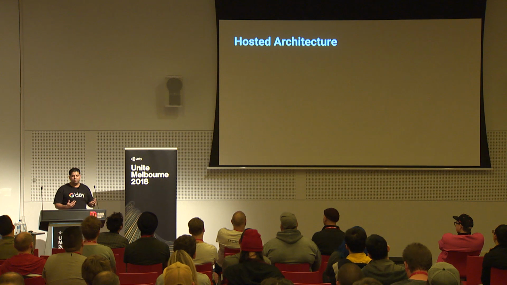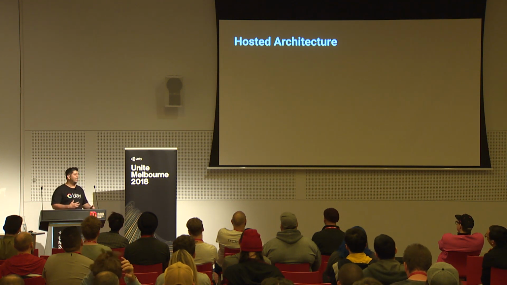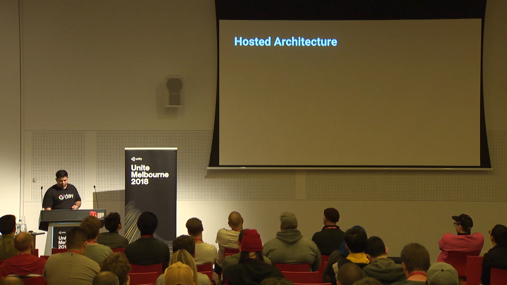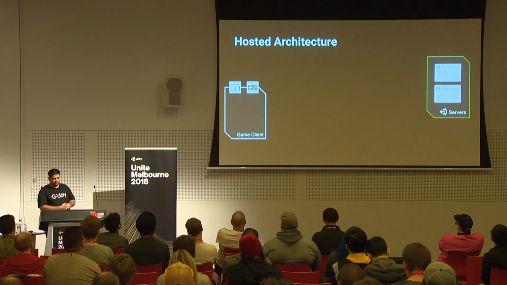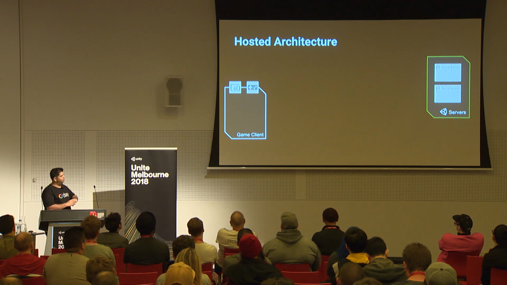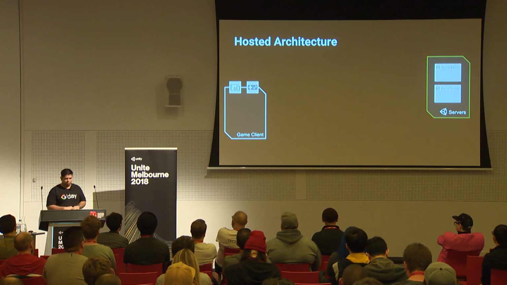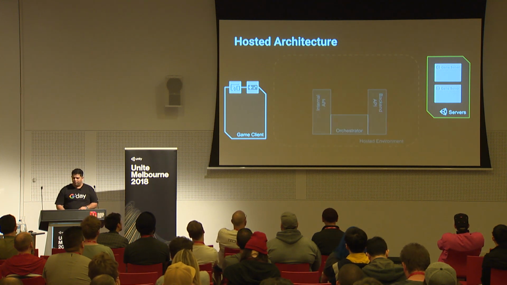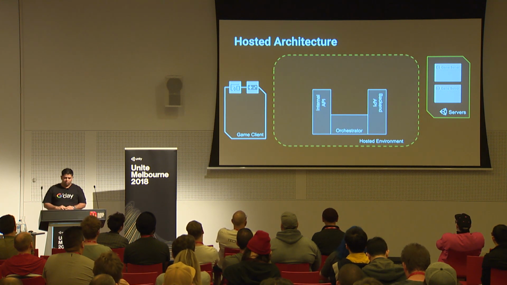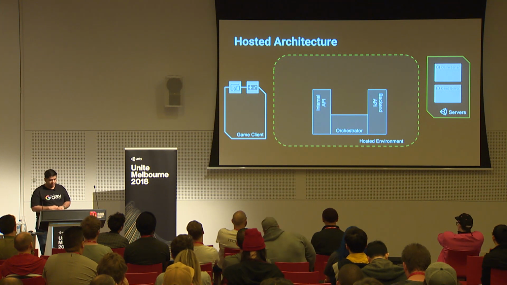Now, we like to be transparent, so let's pull back the covers to see how Unity is really thinking about the implementation itself. On the left, you have your game, and you've uploaded your dedicated server image to the Unity dedicated server orchestration system. And then, we're going to start calling the orchestrator.